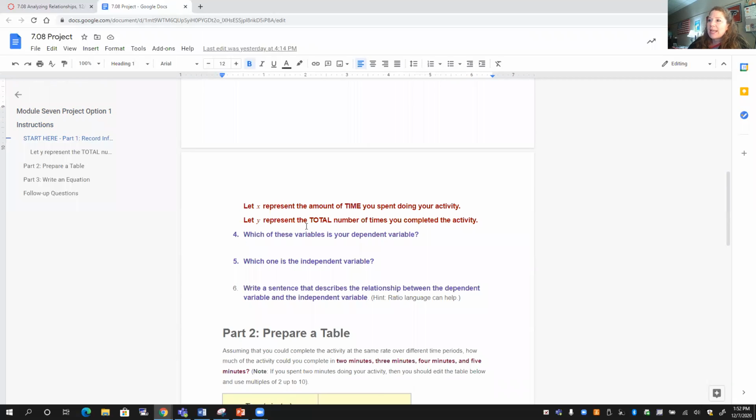Then you're going to let X represent the amount of time you spent doing your activity, and Y represent the total number of times you completed your activity. And you're going to tell me which of those is the dependent and which is the independent variable. You're just typing it right on this Google Doc. I just ask that you don't use the same colors I used so I can see your answers easily.